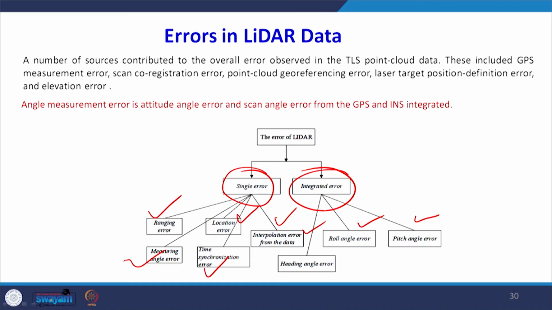Then integrated error could be roll, pitch and yaw because of the device or the platform on which the data is collected. All these errors could be present in the data set, and we have to remove them before the data is used for a particular application.